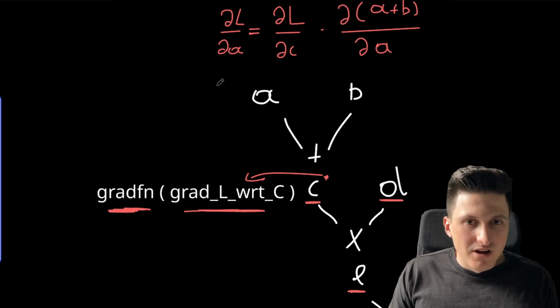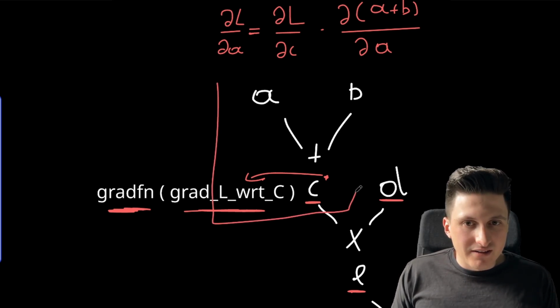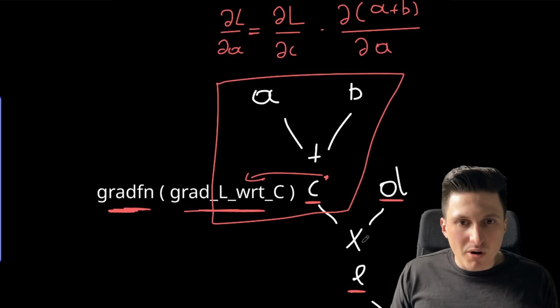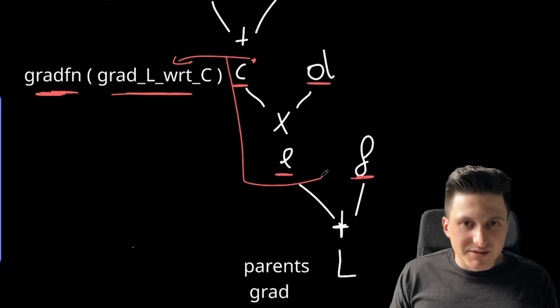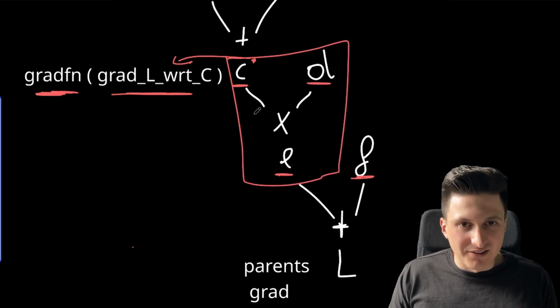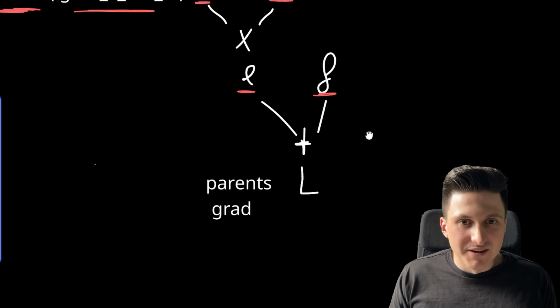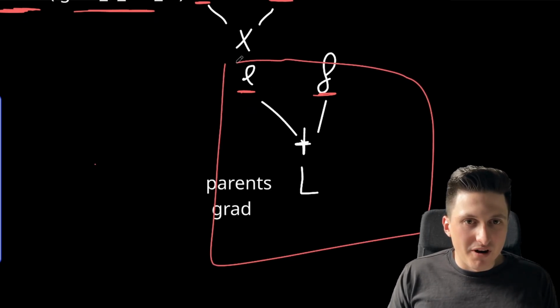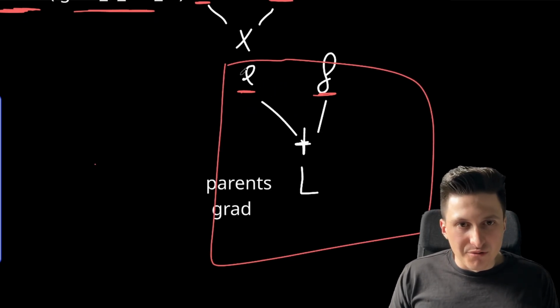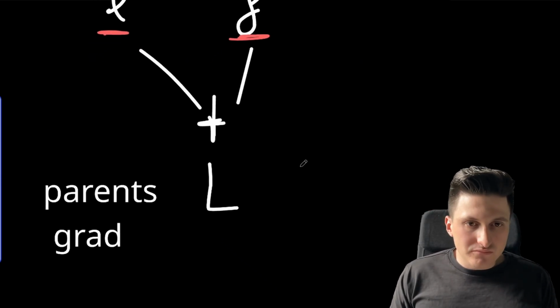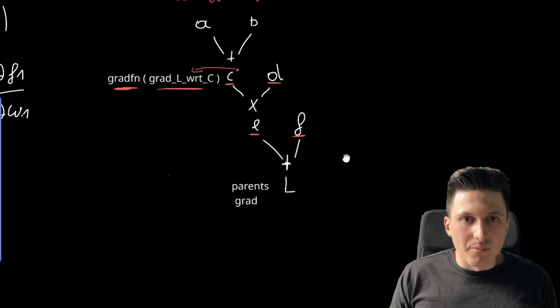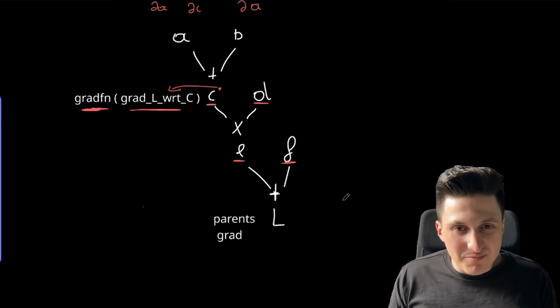For example, we only need this part of the graph to calculate the derivative to A and B. We only need this part of the graph to calculate the derivative to C and D. And we only need this part of the graph to calculate the derivative to E and F.